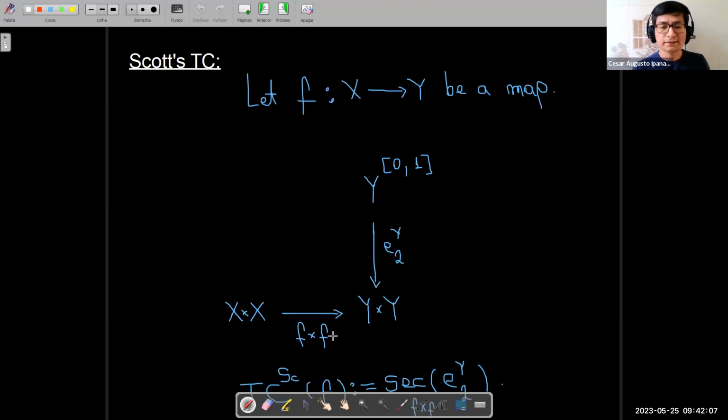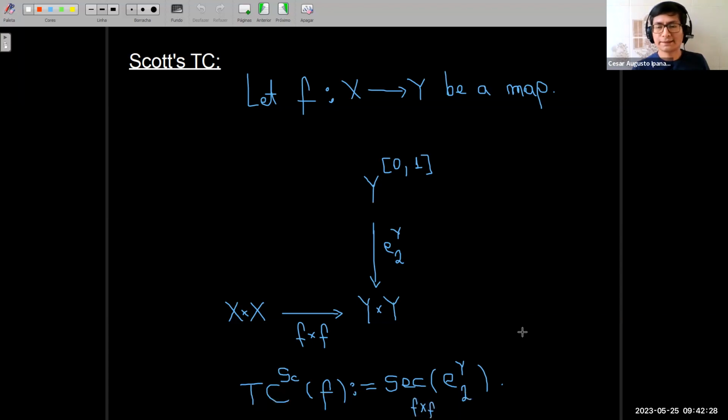And with this, Scott introduces the TC. Given a map, we consider this path fibration, we consider F times F here, and the Scott topological complexity of F is the relative sectional number of this fibration with respect to this product.